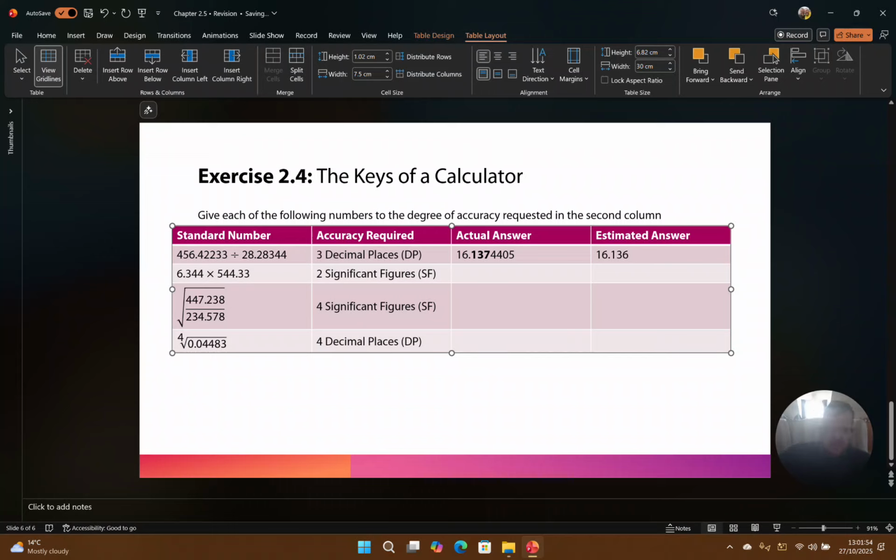And that will stay as it is because that 4 that you've got in the 4th decimal place is less than 5. And now we'll go to the next sum, which is 6.344 times 544.33. There's your answer, the actual answer that you've got.